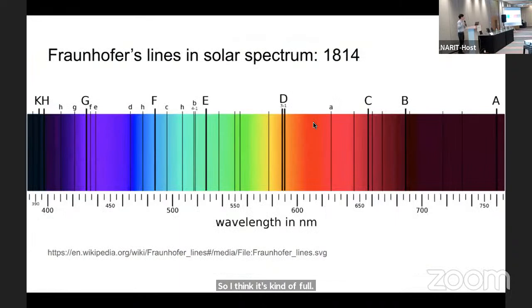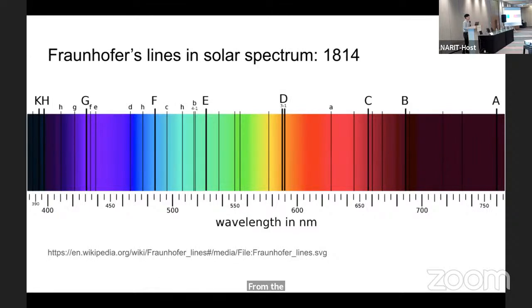The science with spectroscopy kind of started with Fraunhofer in 1814 when he built a spectrograph to look at the sun, and then realized that you don't get a continuous rainbow. But when you look at it closely enough, there are these lines appearing to be absorbed from the continuous spectrum in the back.